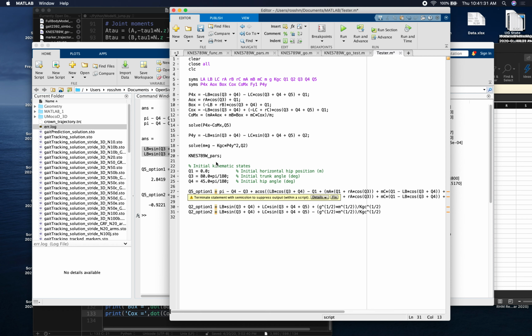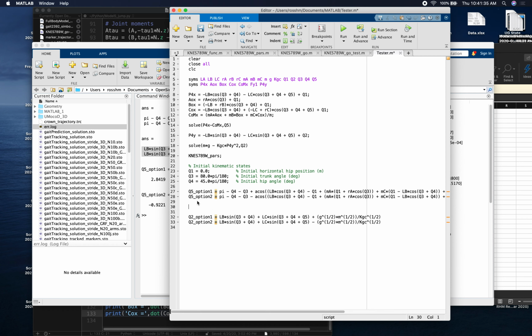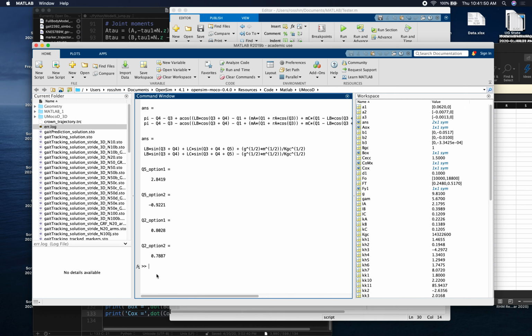And we need a value for Q5 here for this to work. And we're going to use that second value over there, -9221. And then if I run that, I should get two values for Q2.